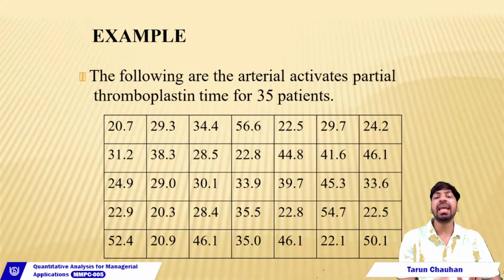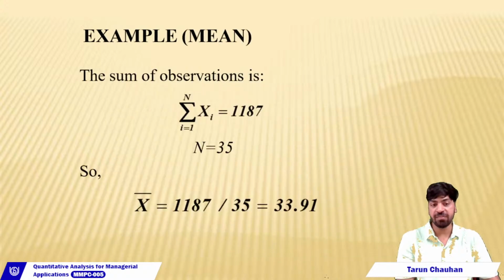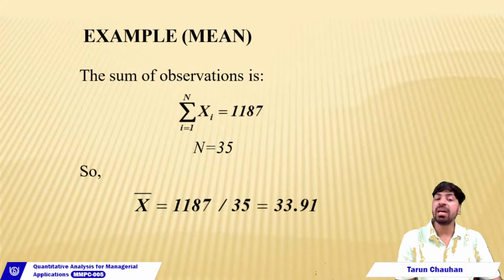So accordingly, n is also 35. So x bar is 1187 by 35. You will get the mean, that is 33.91. I repeat once again, when we talk about raw data and individual data, the formula to calculate the mean is sigma x by n.